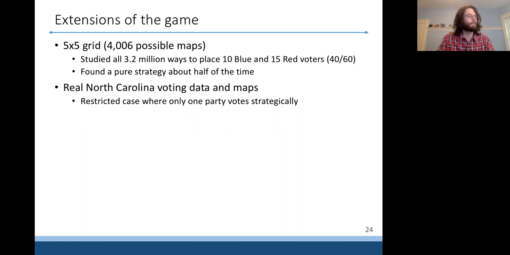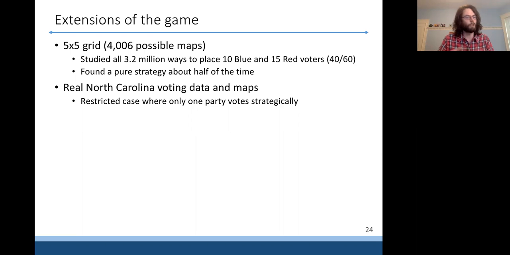And we compared that to the map known as the Judges map, which was drawn by a bipartisan commission of judges and awarded 4 seats to the Democrats under that same voting data, and 9 seats to the Republicans, which is not an outlier map. Even though it's among the possible maps that favor Republicans, it's not an outlier.